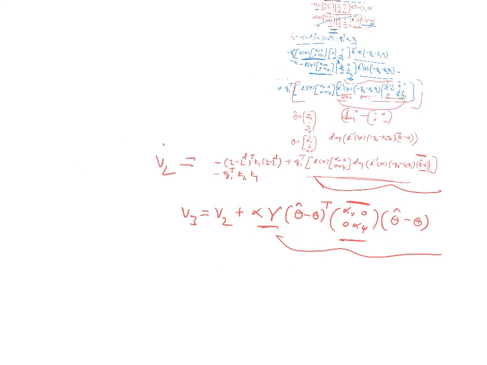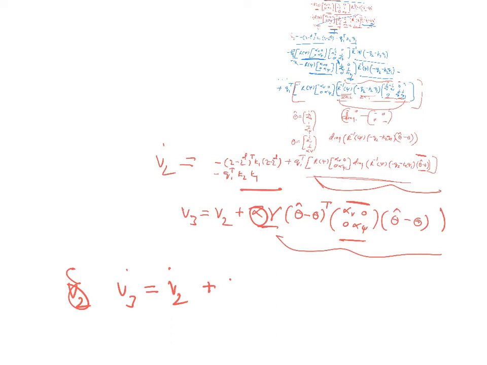So now V3 dot equals V2 dot, which is this, plus we can have gamma. There is an error here in the paper, I think we don't need this.